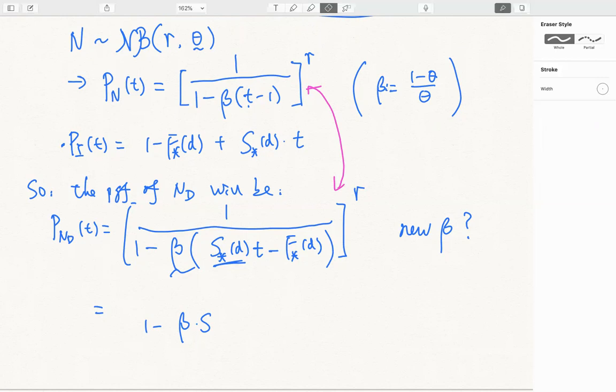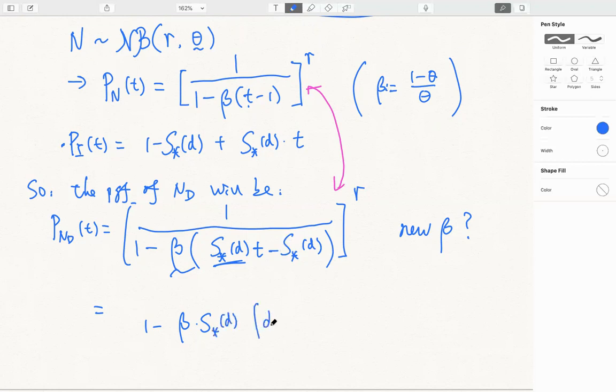This is my mistake. I mean F_X, so I can write it as 1 minus F_X, that is S_X. So here it will be S_X(d). That's why when I take it out, what you have will be S_X(d) times t minus 1 inside, so the inside part will be t minus 1, and the whole term divided by 1.